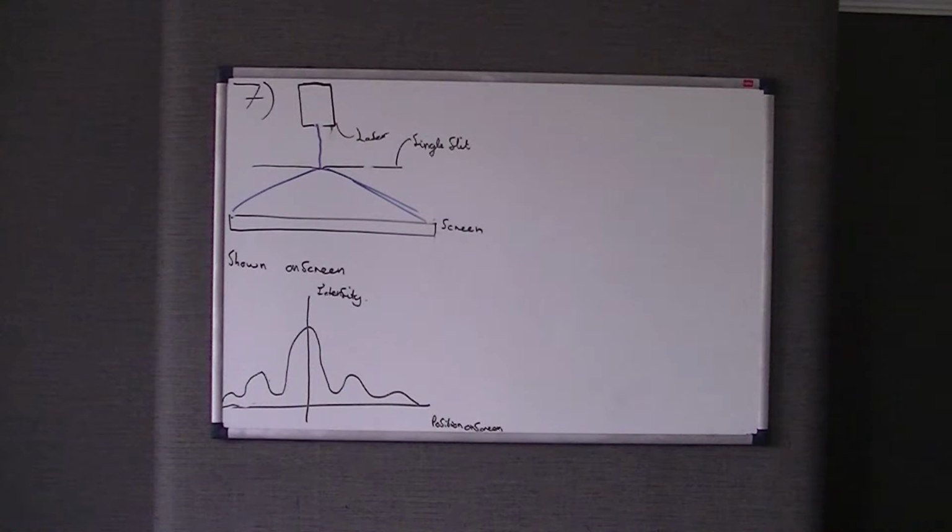Basically, I'm going to draw it on there in a minute, but just read out what the mark scheme wants you to draw. It wants subsidiary maxima, peaks further away from the centre, so basically a wider pattern, and it needs to be symmetrical.